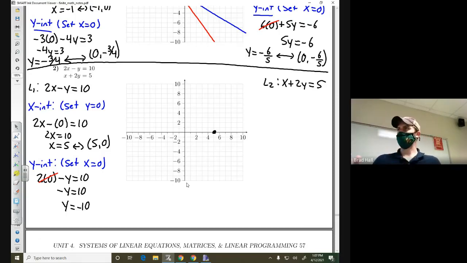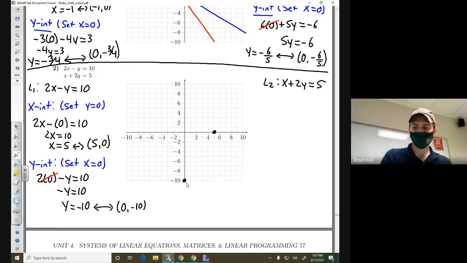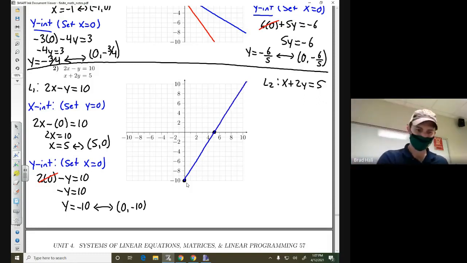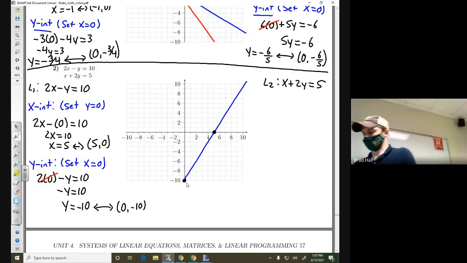By just bumping the negative over to the other side, which corresponds to the ordered pair 0, -10, which would be all the way at the bottom down here. And we can use all of this to construct our line. So that's the first line.